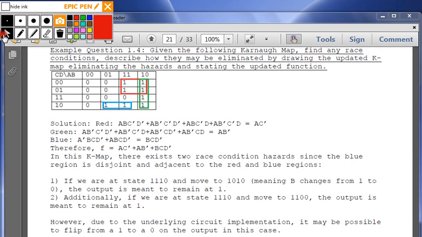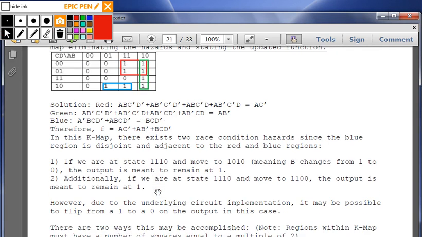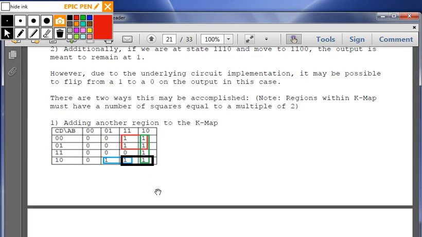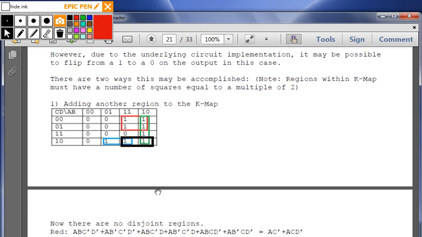I'm not going to ask you to resubmit it, but you should keep this for when you're doing this in the future. So this is a correct way to do this. One way is to add another p-subcube here, where you have C, D naught, and A. This would be the black one, and therefore none of them are disjoint anymore.